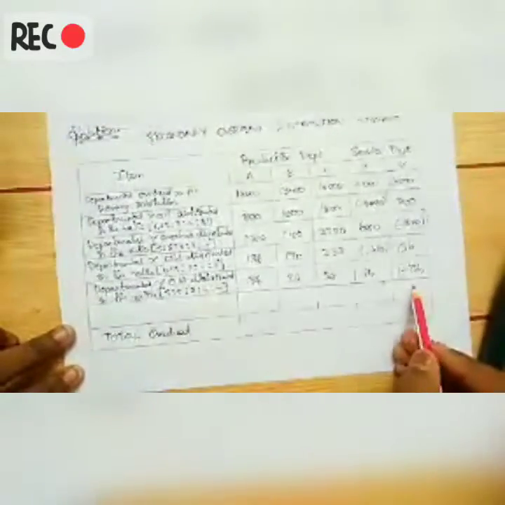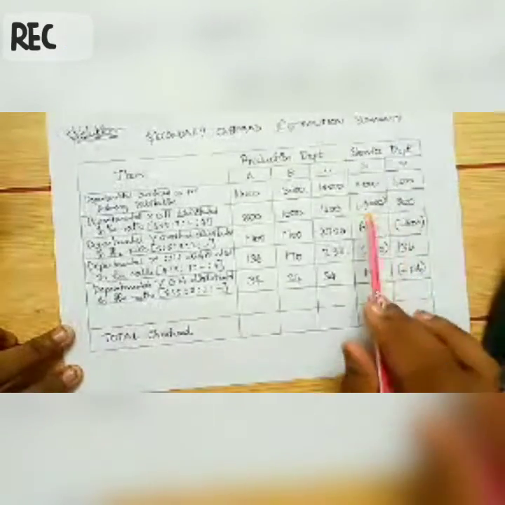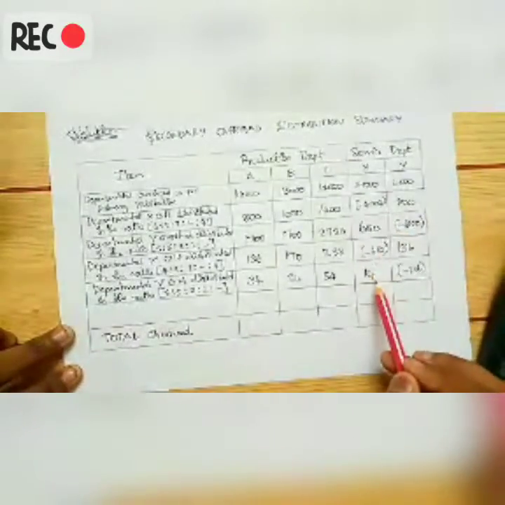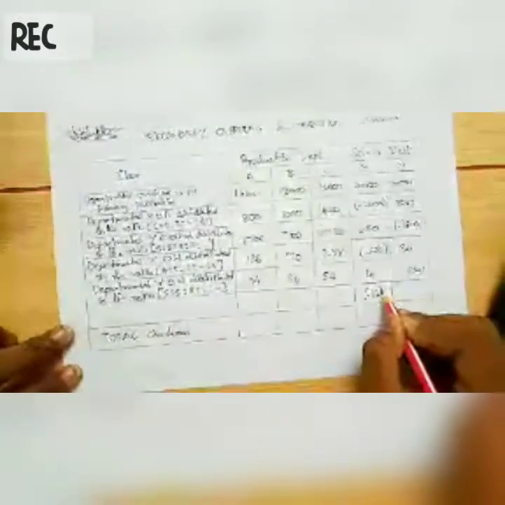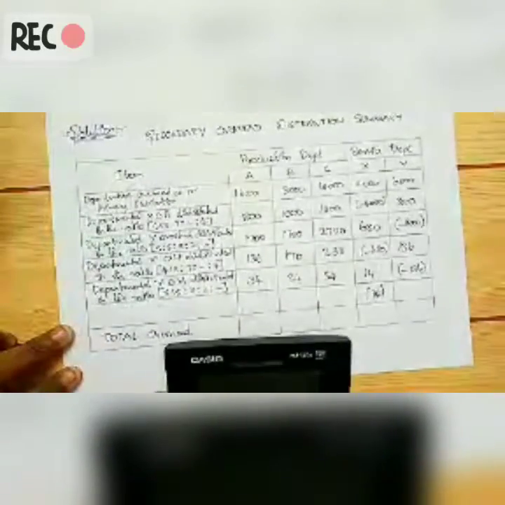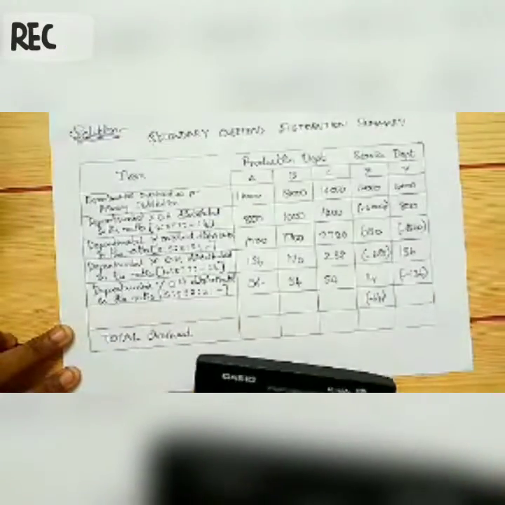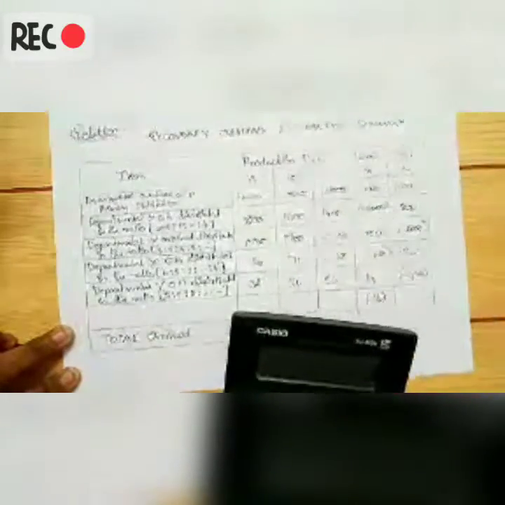Now the X column is till now 0. The Y column is still 0. The service department X column is increased by 14. Now we should deduct the 14 from the X column and split the amount until the service departments X and Y completely become 0. Then the sum gets over.